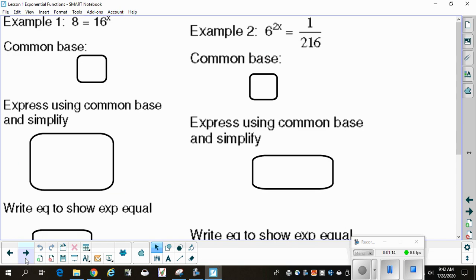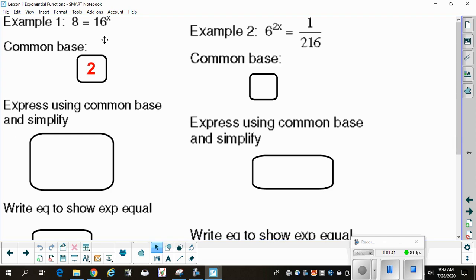Here's an example. Number 1, and you have both of these examples in your notes. 8 is equal to 16 raised to the x. How can I rewrite 8 and 16 using a common base, meaning some number raised to a power? Well, 8 is 2 cubed, 16 is 2 to the 4th. So my common base is 2.